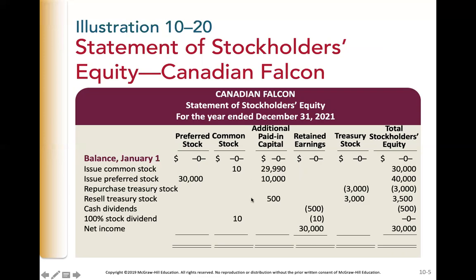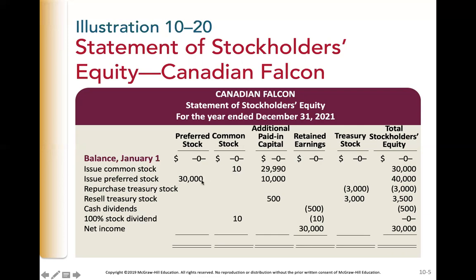Then we list all the transactions that have occurred that affect stockholders' equity throughout the year. We issued common stock, so common stock column has $10 in it, which is the par value, and $29,990 is the additional paid in capital. 10 plus $29,990, carry it over to $30,000. We issued preferred stock.